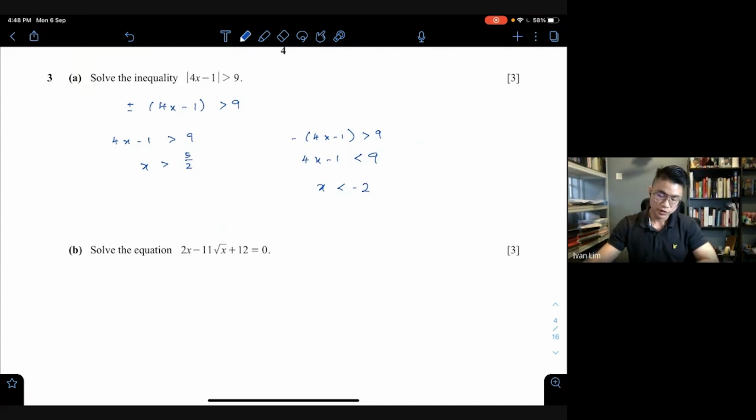Okay, question B. 2x minus 11 root x plus 12. This falls under your complex quadratic equation chapter also. There are actually, I think, about 4 or 5 different ways that they teach you how to make it to a quadratic equation. So the pattern that you all need to see is 2, 1, 0.